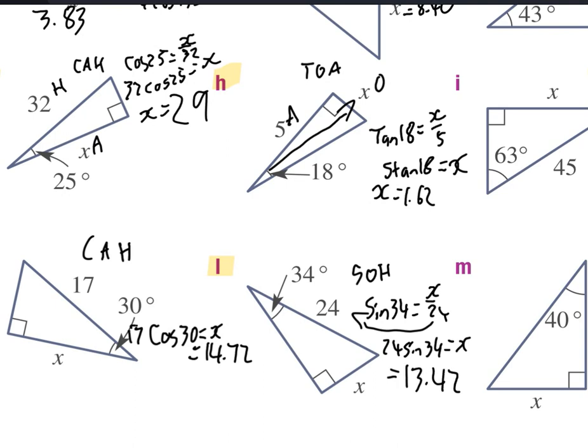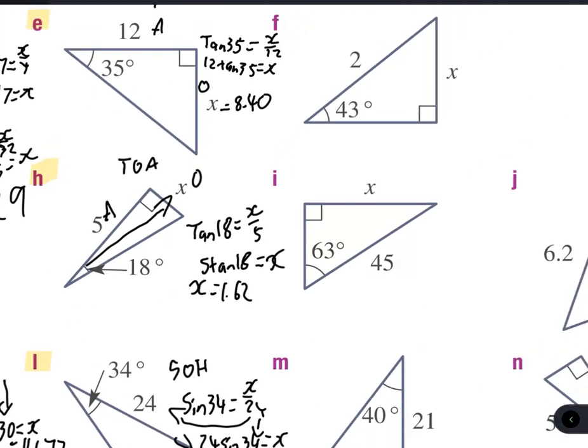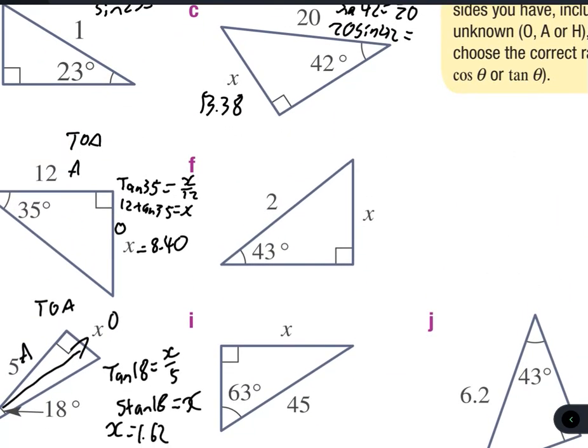So obviously you're going to have your angle after the identity and then your number before it, which is exactly what I did here. You have your 24 going to the front, and you have your angle at the back. If you actually do the angle sign, it might be a little bit easier for you to see it. So for example, for F, if I do it absolutely properly with the angle, here I've got my hypotenuse, here I've got my opposite, so I'm going to have to do sine 43 degrees equals opposite over hypotenuse, x over 2.